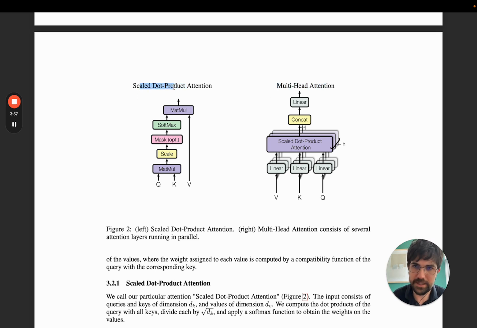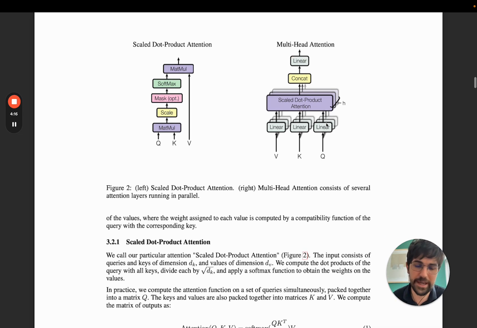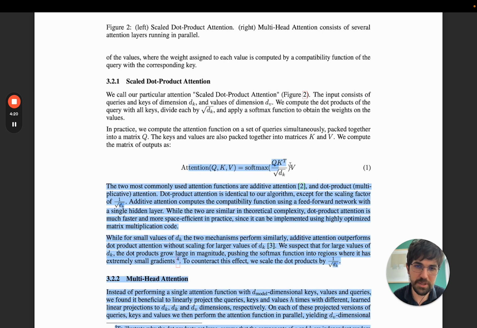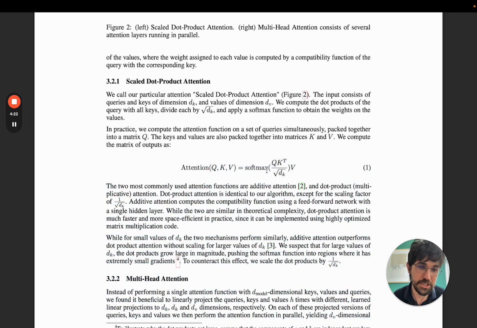Here I'll be implementing the scaled dot attention, and the main difference is that in multi-head attention we have learned weights in the input and output. Maybe in a later video I can transform this into a multi-head attention. But in short, what I will be implementing here is pretty much this equation, and this is actually the attention equation.